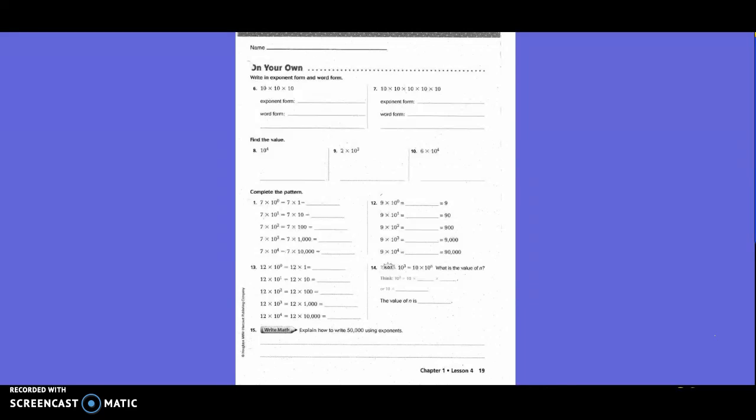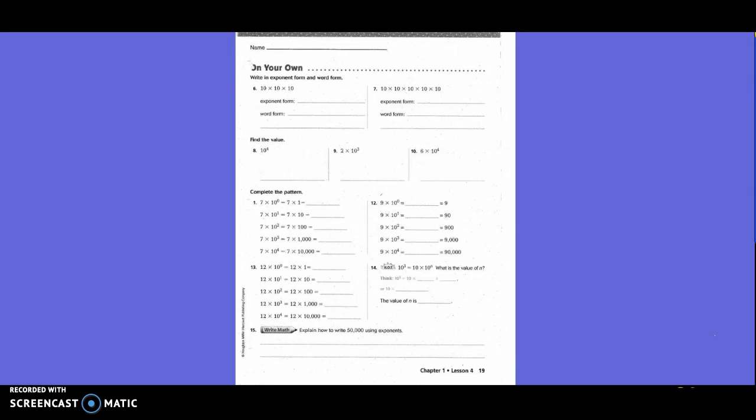So, write math. Explain how to write 50,000 using exponents. So, what would we do? First of all, we need to pull it out to have our exponent be only 10, right? So, what are we going to have to pull out of there to help us begin with first? 5.